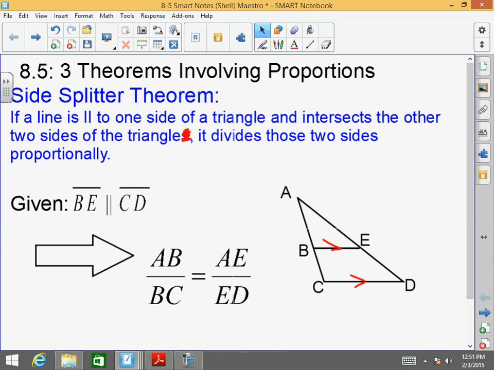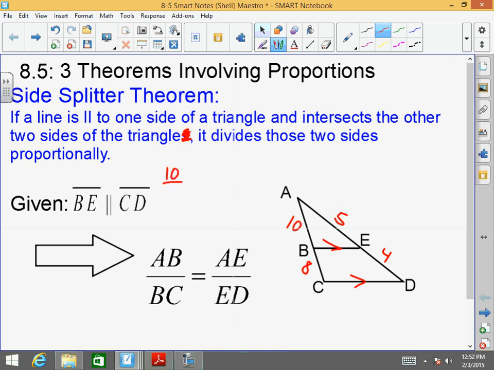So for example, let's say that this was true, BE is parallel to CD. I'm just putting numbers here. Let's say that's 10 and that's 8. Then that would be 5 and 4. So 10 to 8 would be equal to 5 to 4. Or, remember the means extremes ratios theorem, I could make these proportions equal several ways.